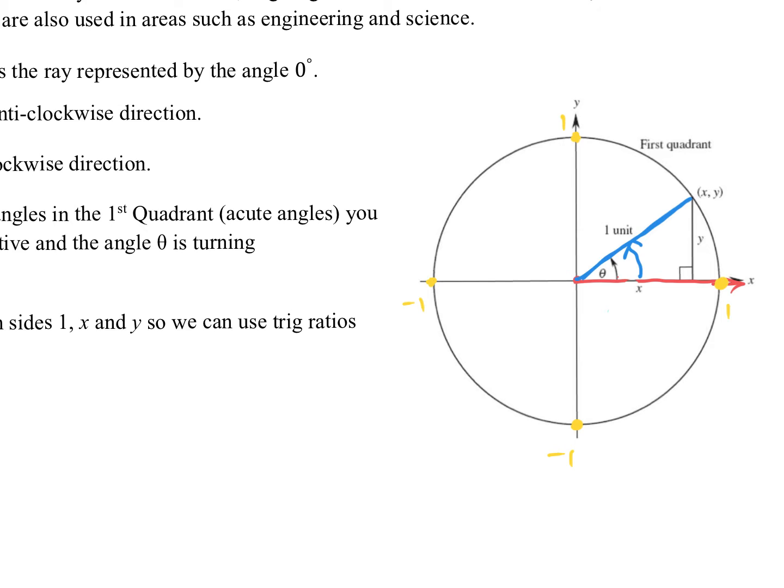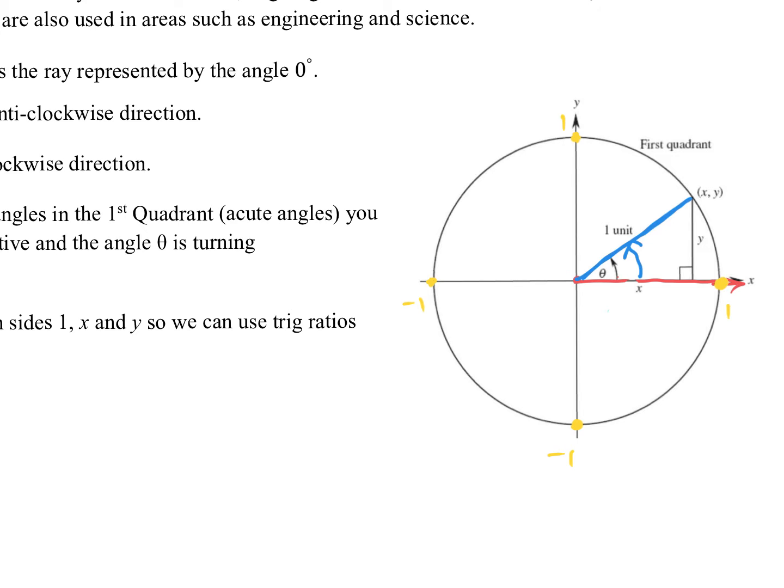If we think about our angle theta, opposite over hypotenuse, which is sine, would be y over 1, which is going to give us a positive value. Cos would be x over 1 and tan would be y over x. All of those are going to be positive values because x and y are both positive.